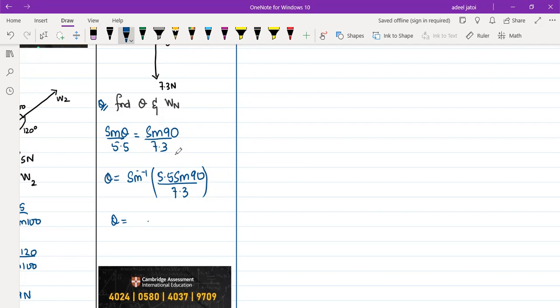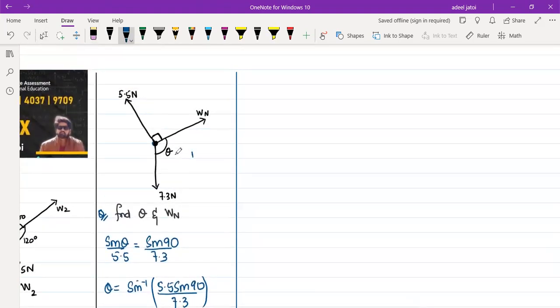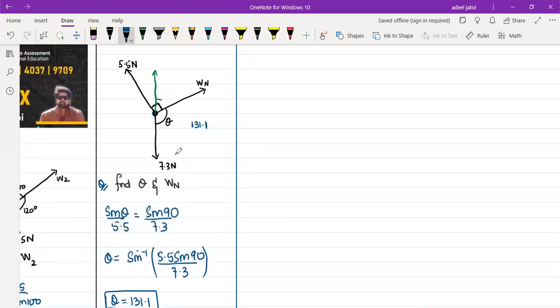So the theta value that we will have is 131.1. Why is that so? Because this is an obtuse angle. If you just note that we need to find the angle, the acute angle that came through the same formula would have been 48.9.